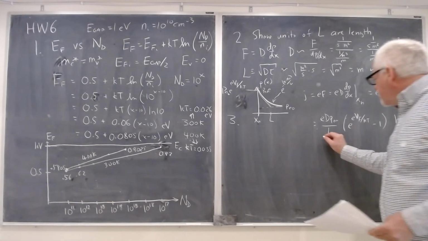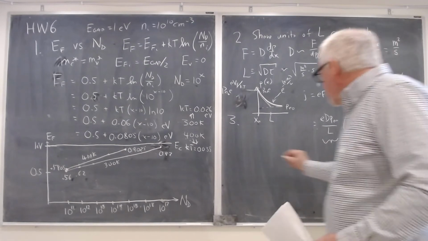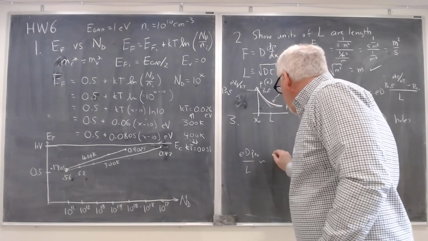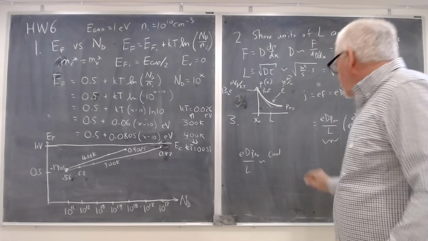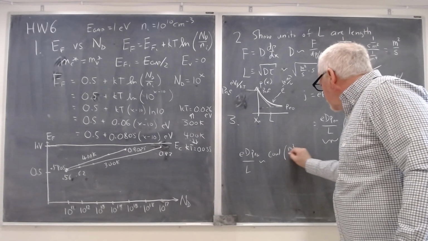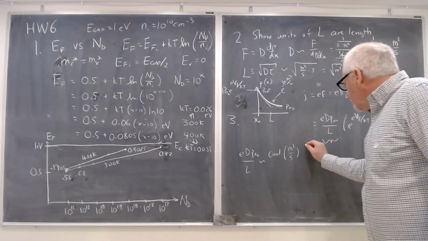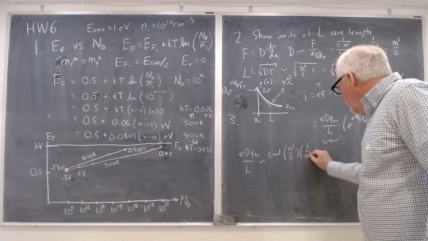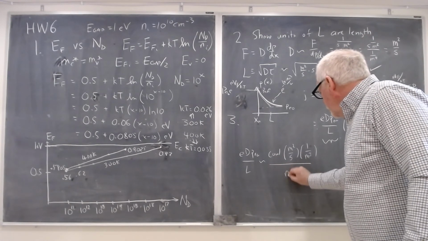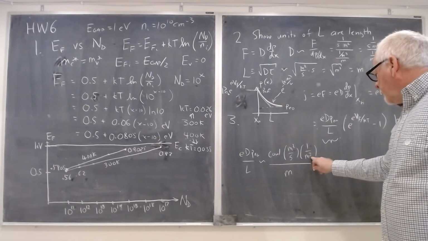But the point is that this has to then have the units of current density. So let's show that. The units of e D Pn0 over L: this is coulombs. D from up here is meters squared per second. Pn0, that's carrier density, so that's 1 over volume. Remember, carriers don't have a unit, there's just a number. Over meters. So those get canceled by all but one of those.